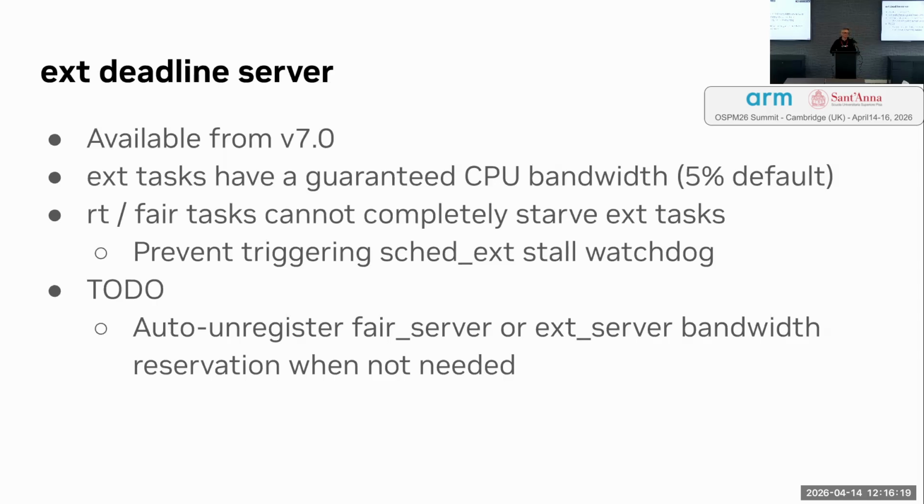Some audio like Jack or some applications like that are running as real time. I think KDE Plasma is even running something that's real time. So if you load a BPF scheduler, what happens is, on a CPU, if for any reason a real-time task is taking the CPU for a longer period of time, it would starve the EXT tasks.